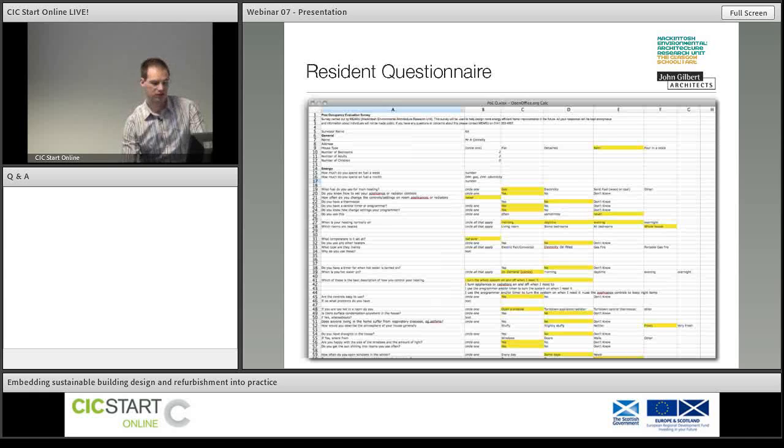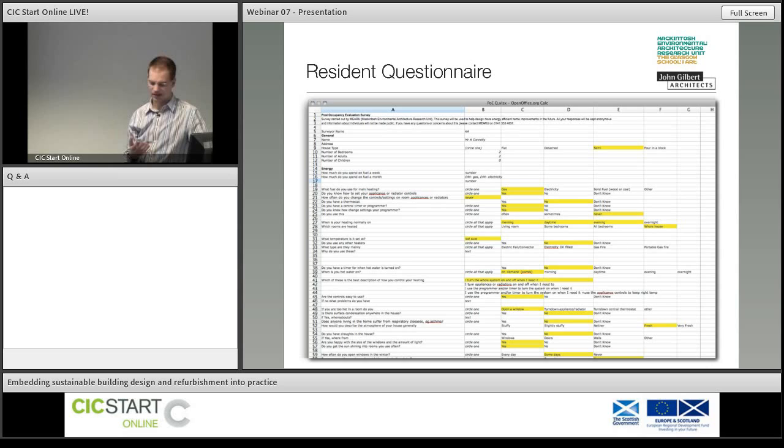Show this as a snapshot of the residents' questionnaire. The one that we use actually has a lot of questions on it, and then we take the ones that are specific to the house or the methodology that we're using. So we try and keep it to 20 questions, which are things like, how do you find the controls?